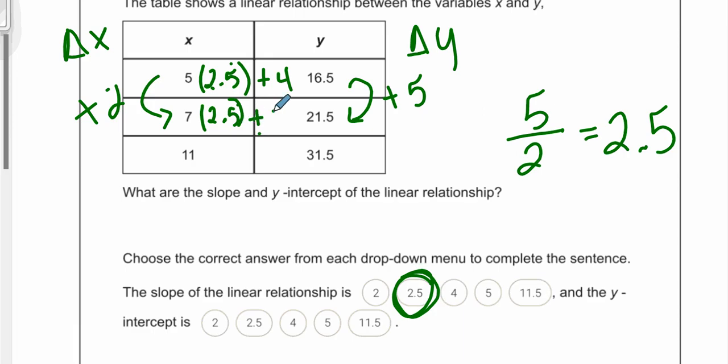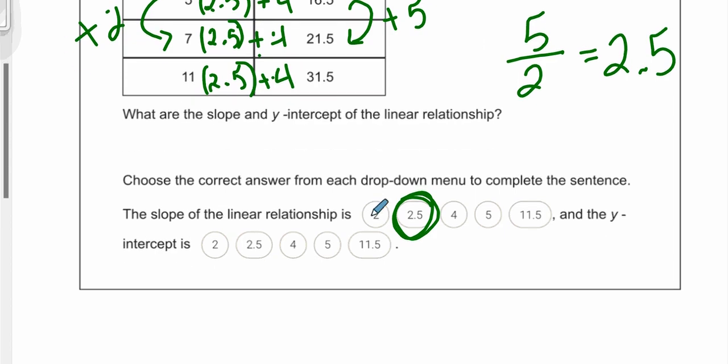So I need to add 4 to get to 21.5. And 11 times 2.5 is 27.5. So I need to add 4 to get to 31.5. So my y-intercept would be 4.